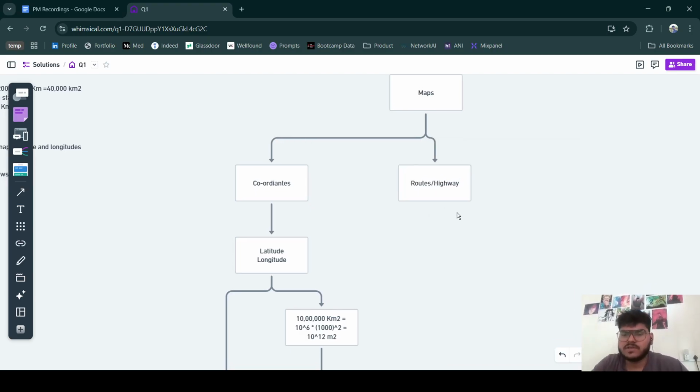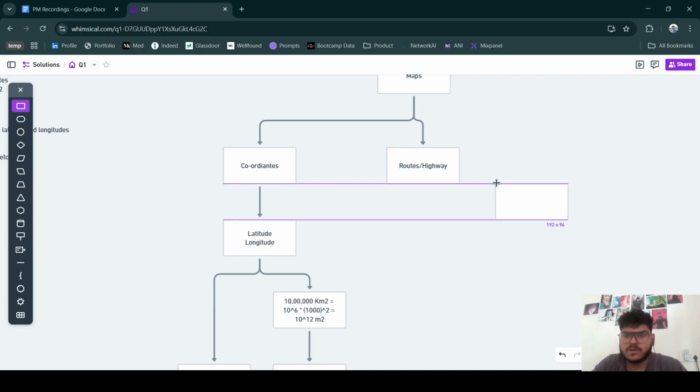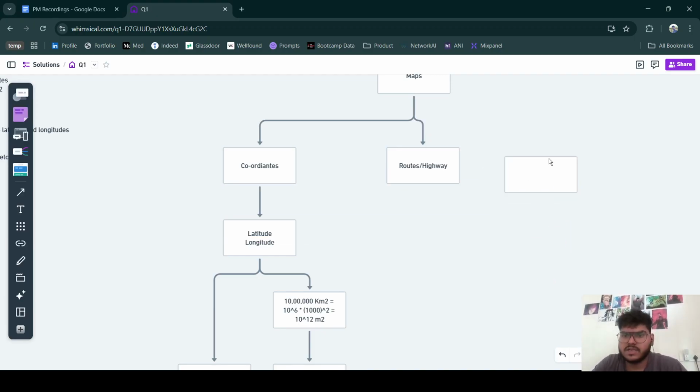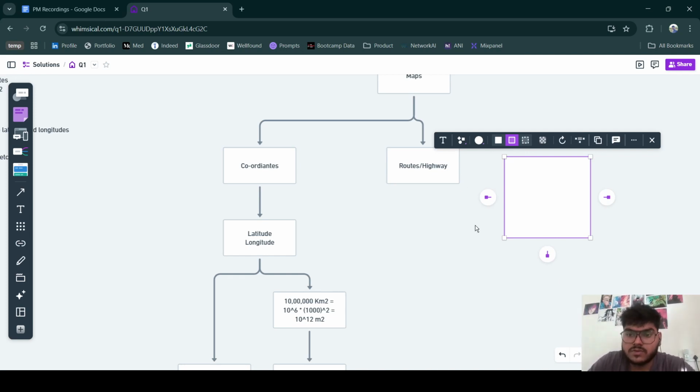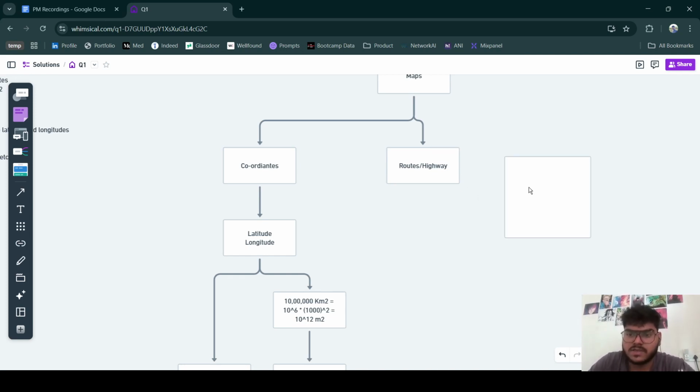So if I'm considering an area of, let's say, 1 kilometer by 1 kilometer, there will be routes in it. There will be multiple things in it. Let's say houses, geographical features, and then the routes.